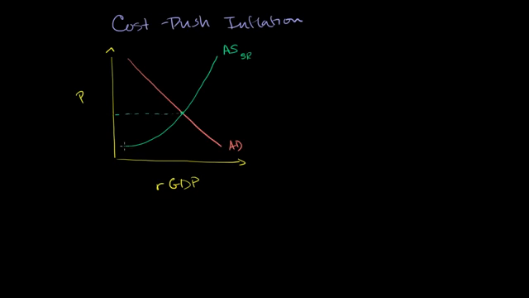And the reason why I draw aggregate supply in the short run having this curve that keeps getting steeper and steeper, or if you think in algebraic terms, the slope gets larger and larger as you go to the right. One way to think about it, if the real GDP is down here, maybe performing well below its potential, there's a lot of excess capacity in the economy, excess labor capacity, excess factory capacity. And then if you want more productivity out of that economy, prices won't have to go up much more. There's a lot of slack in the economy.